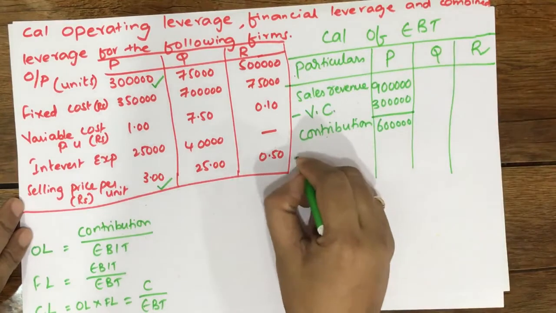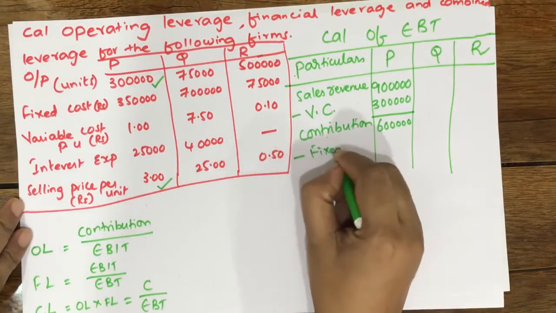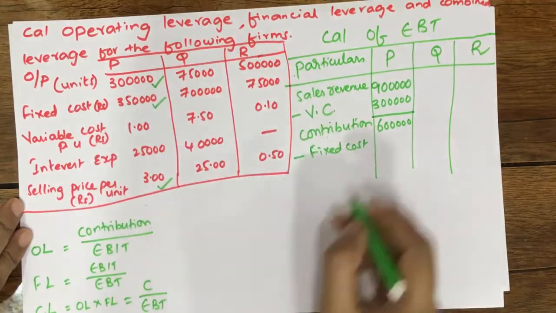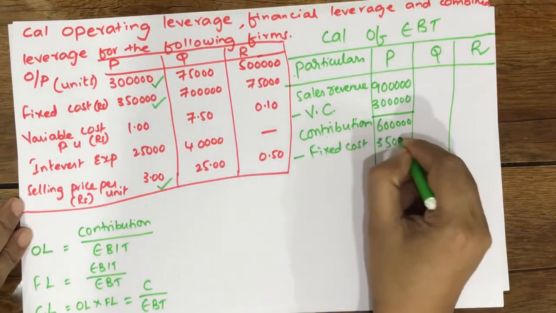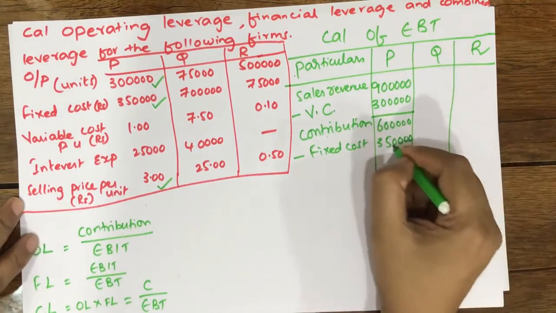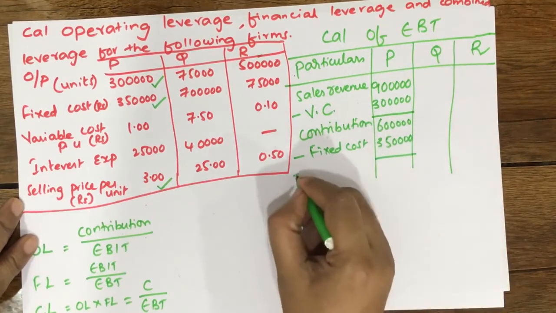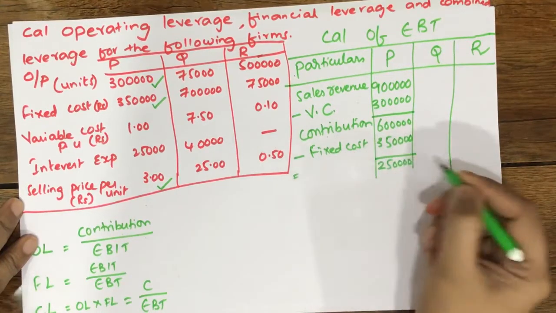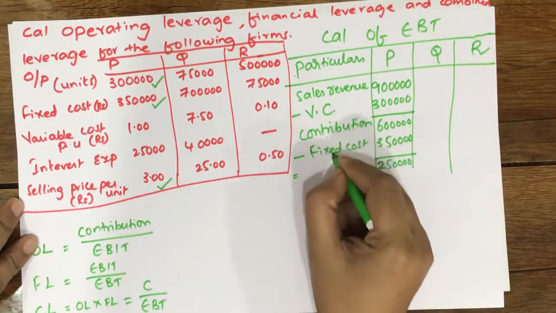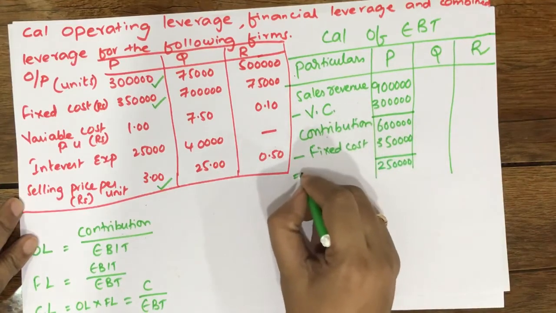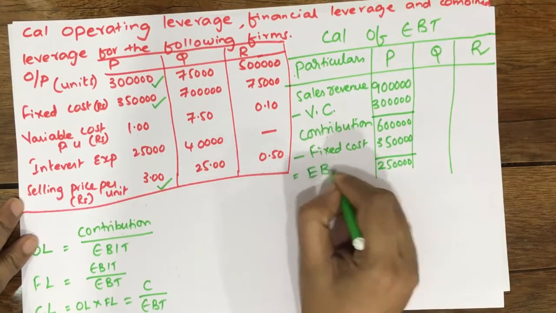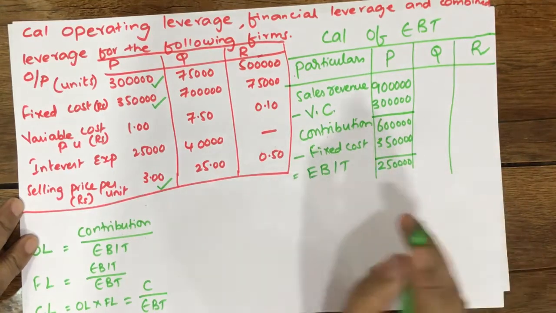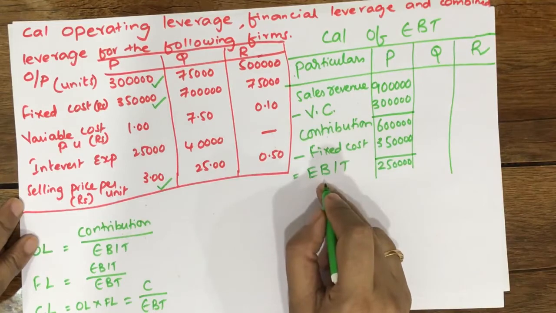Now from this, we have to deduct fixed cost, which is 3 lakh 50,000 rupees. So 6 lakhs minus 3.5 lakhs is 2.5 lakhs. Contribution minus fixed cost is called EBIT, which means earnings before interest and taxes. It is also called operating profit.